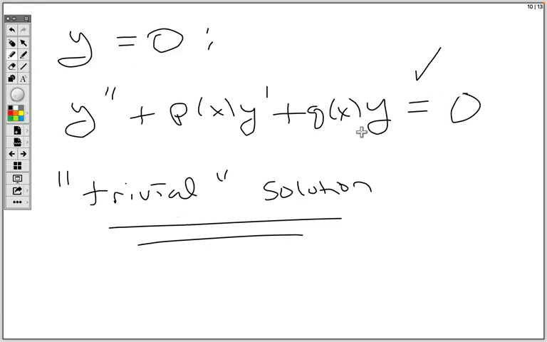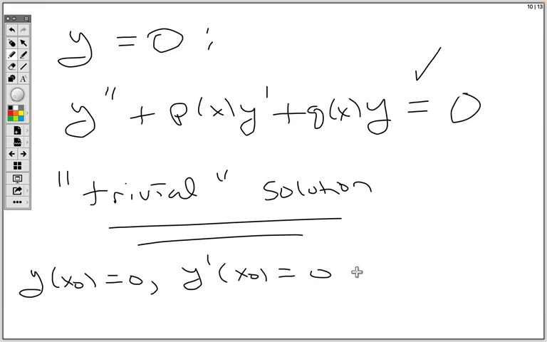Now, if p and q are continuous and you impose initial conditions, y at x naught is 0, y prime at x naught is 0, then the only solution is the trivial solution.